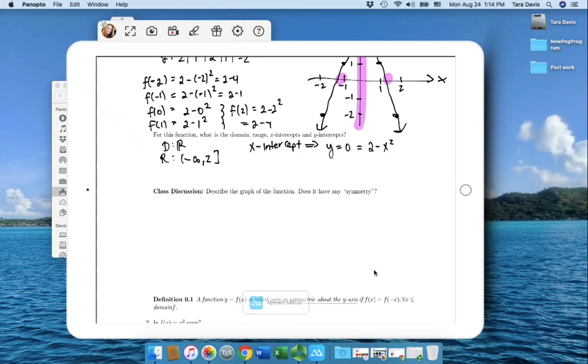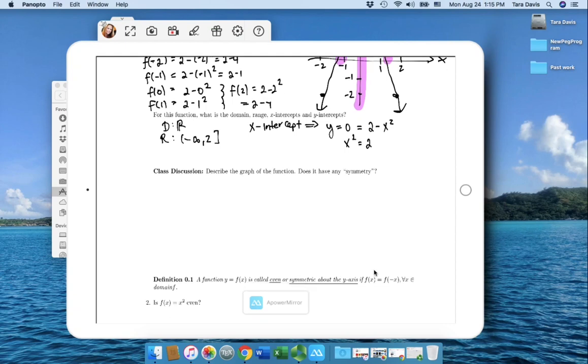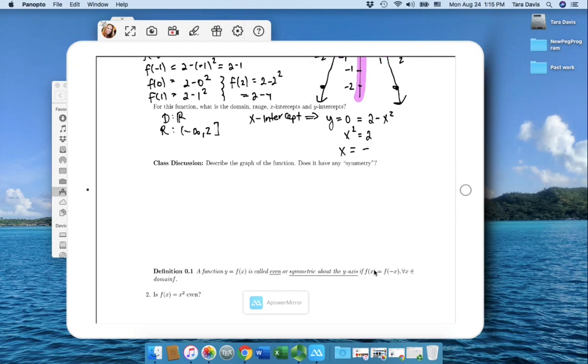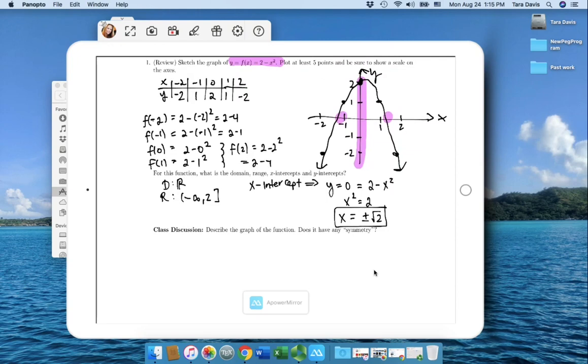If I add x squared to both sides of the equation, I will get x squared equals 2. And if I take the square root of both sides, I will get x equals plus and minus the square root of 2, which is approximately plus and minus 1.4, which matches the guess that we made based on our graph.